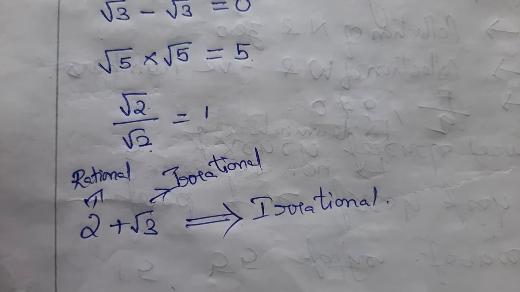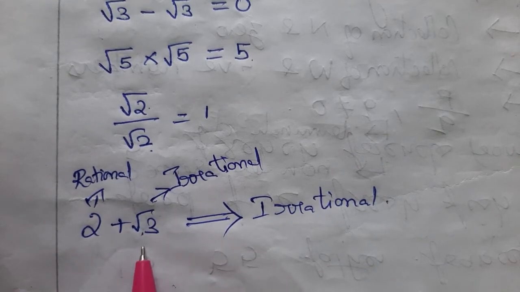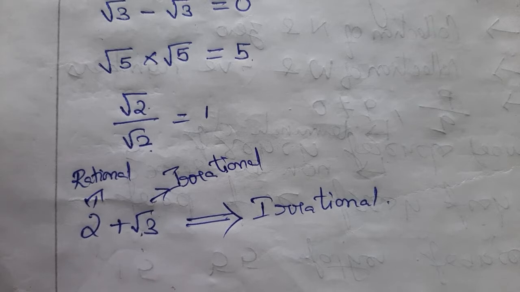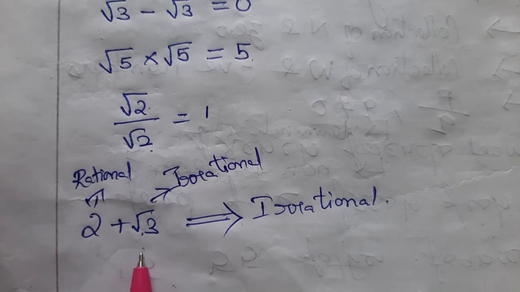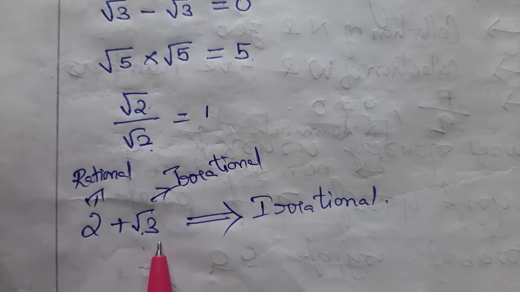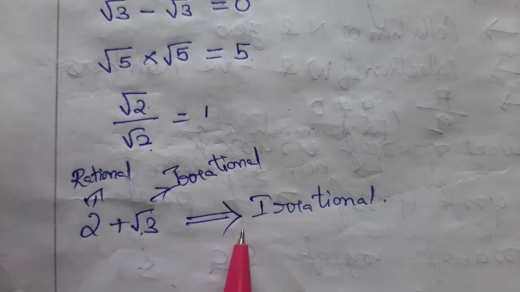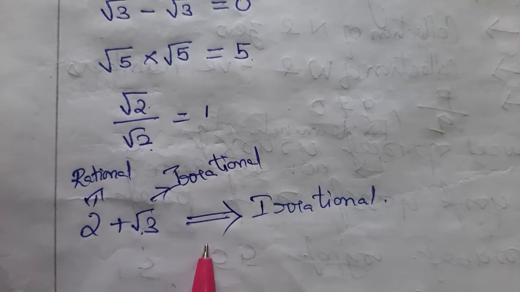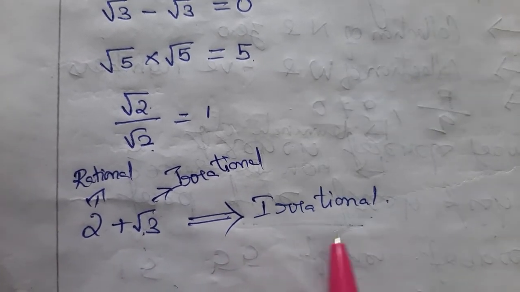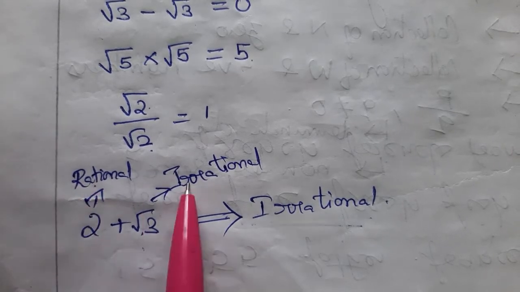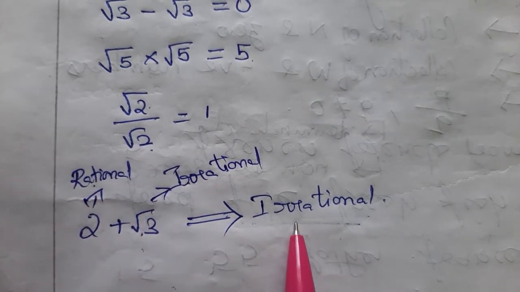The result will be irrational because the square root of 3, if you represent it in decimal, is non-terminating and non-recurring. So when you add 2 to that, the result will also be non-terminating and non-recurring. So the result is irrational. So when we add a rational and an irrational, the result will be irrational.